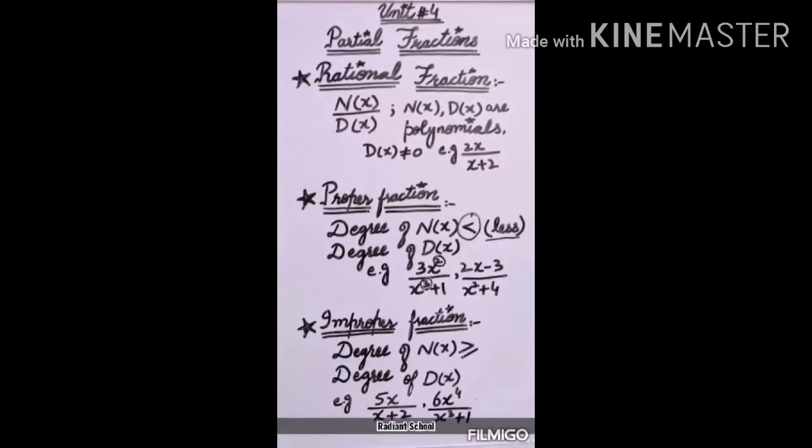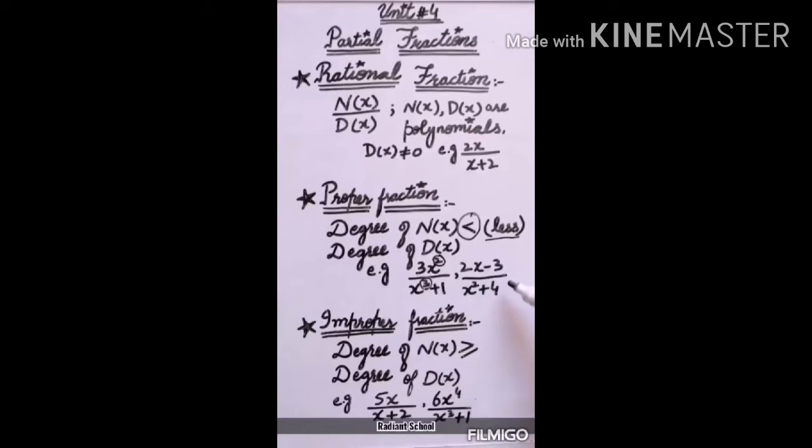Okay students, so what I have told you: if you want to check whether any rational fraction is a proper fraction or an improper fraction, you have to check the degree of numerator and the degree of denominator. If the degree of numerator is less than the degree of denominator, then this fraction is said to be a proper rational fraction or proper fraction.